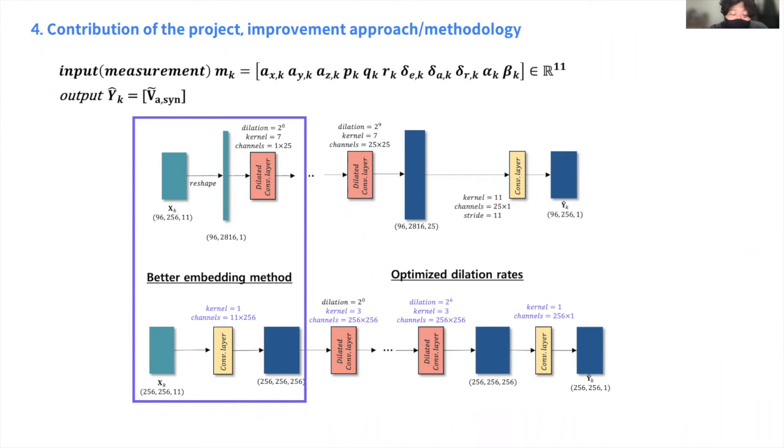Meanwhile, based on the model created in this way, two more efficient designs were made to improve performance. Our first improvement plan is to use a better embedding method for input measurements. The original paper just flattened 11 different measurements into the time dimension. But from the aspect of convolution, this method is bad because when the convolution kernel slides, each position's meaning is going to be different.